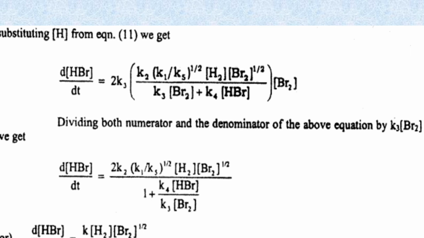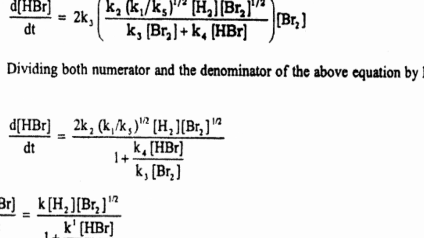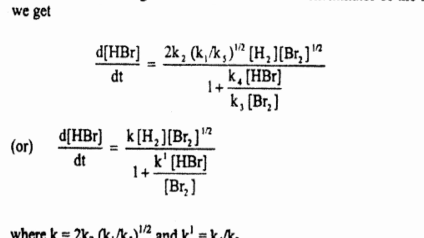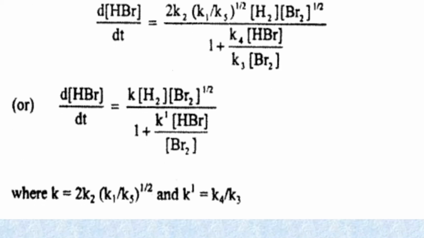Dividing both the numerator and denominator of the above equation by k3[Br2], we get d[HBr]/dt = 2k2 (k1/k5)^(1/2) [H2][Br2]^(1/2) / (1 + k4[HBr]/(k3[Br2])). This can also be written as d[HBr]/dt = k[H2][Br2]^(1/2) / (1 + k'[HBr]/[Br2]).